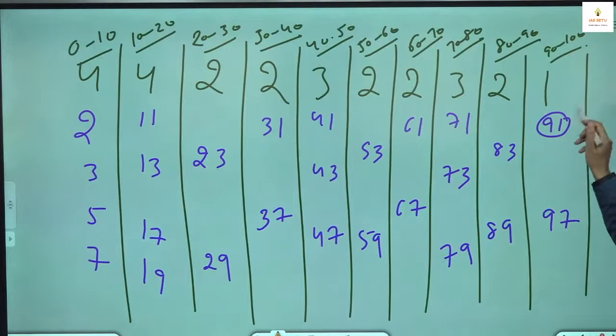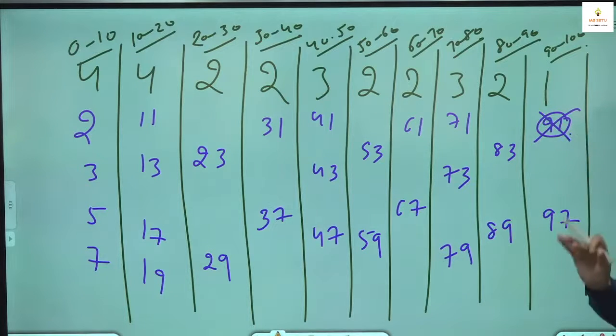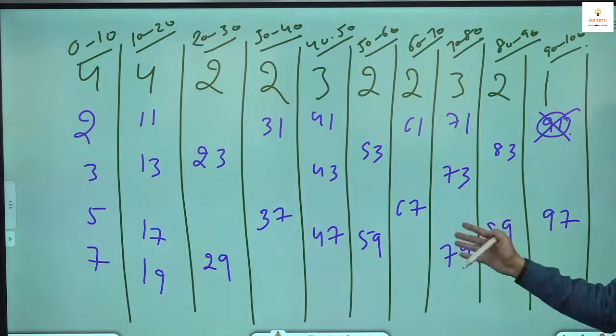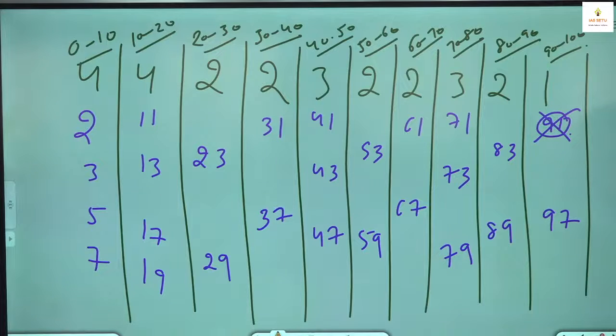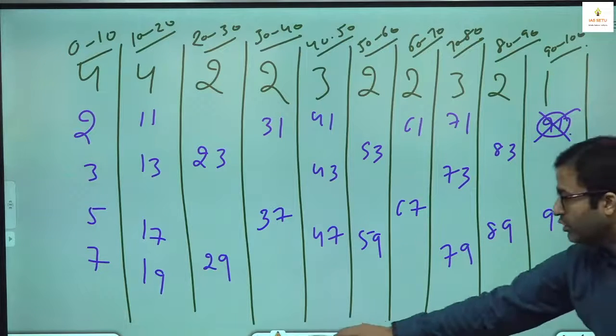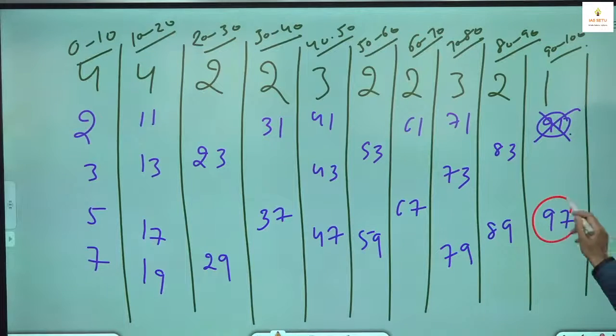Sometimes I also do, but remember, 91 का थोड़ा ध्यान रखना स्पेशल. गलती में गलती कर जाते हैं. बाकी तो दिख जाता है, 77 दिख रहा है कि 7 से डिवाइड हो रहा है. 91 में sometimes we skip that part, but you have to remember that 91 is divisible by 7 and 13. That's why 91 is not a prime number. And even factually you can say between 90 and 100 there is only one prime number, which is 97.